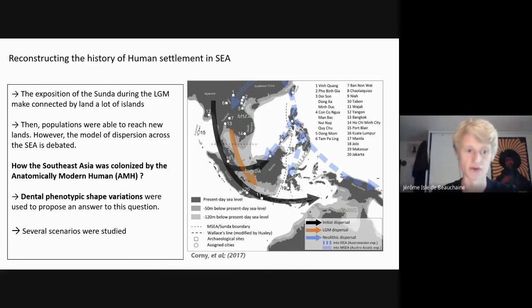So the question is how Southeast Asia was colonized by anatomically modern humans. To answer this question, it has been proposed to use dental phenotypic shape variation. So next slide, please.